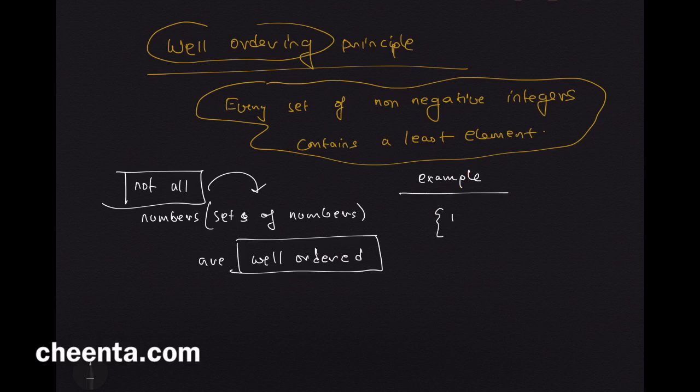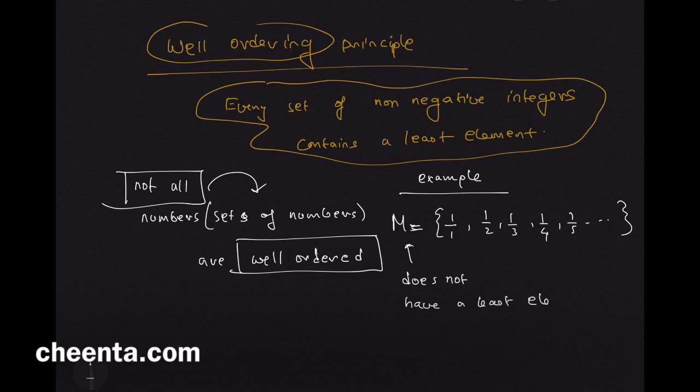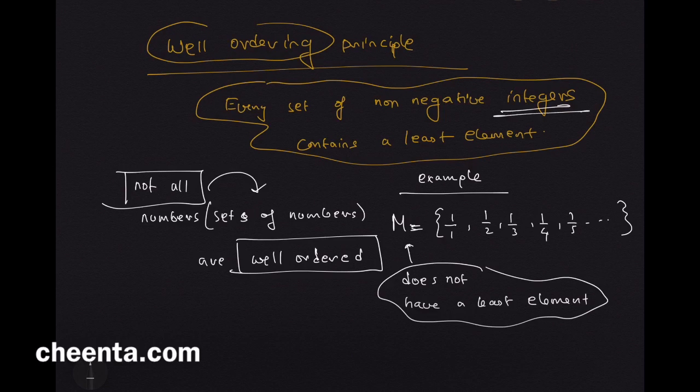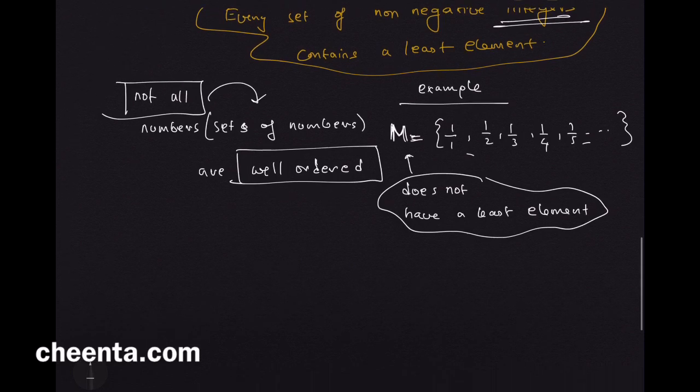If you take numbers like 1 by 1, 1 by 2, 1 by 3, 1 by 4, 1 by 5, and so on, this goes on forever, and 0 is not in this set. Let's call this set M. This set M does not have a least element. So rational numbers are not well ordered. Positive integers, non-negative integers are well ordered. But rationals are not. So M does not contain a least element.